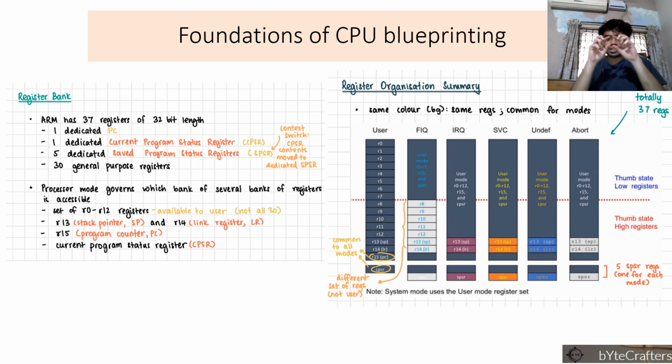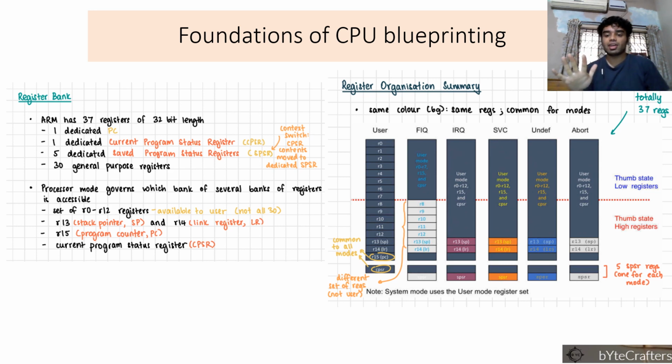Each bit of the 32-bit CPSR represents a flag value. So the CPSR is very important, and it changes for every instruction as well. For the new instruction that it's going to execute, the CPSR changes and it moves on to the SPSR, which is the saved program status register.